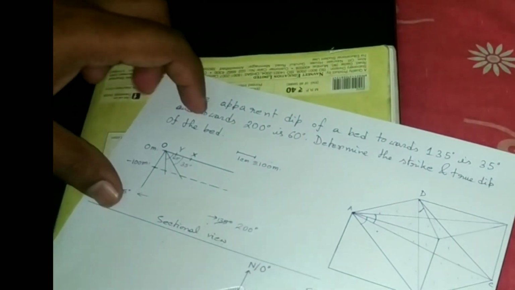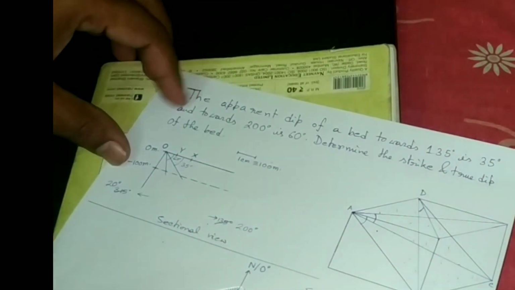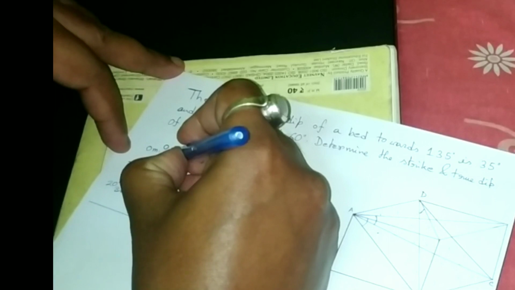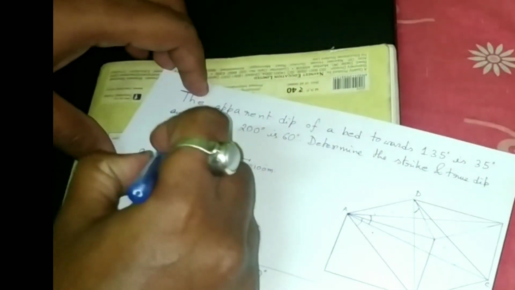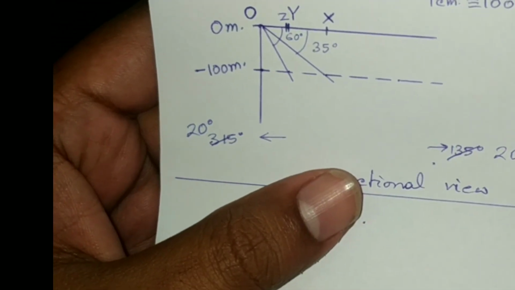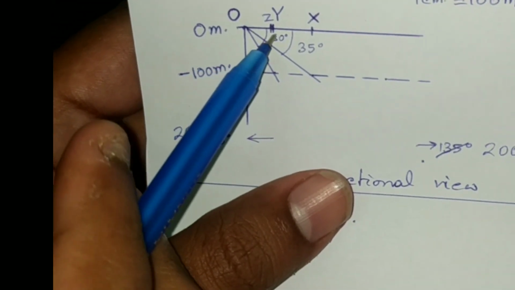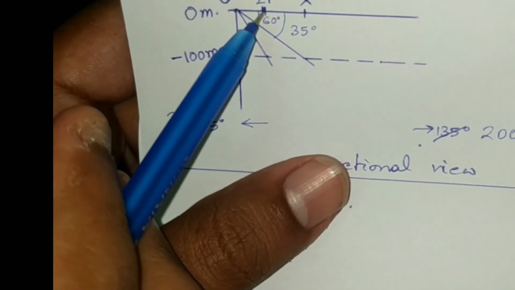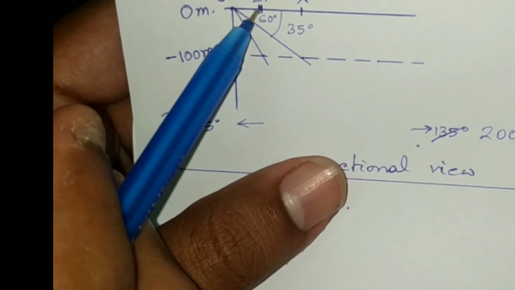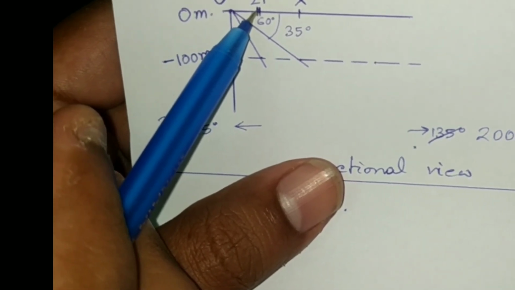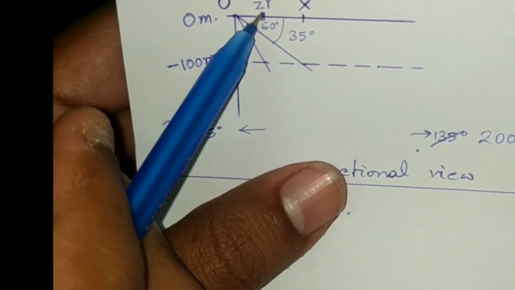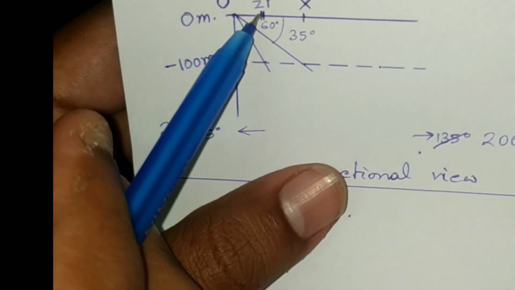Now the reverse, because we need to calculate the dip. So this is OZ, suppose. You can see this point was OY, and just a little bit, 1 millimeter, smaller strike spacing, because true dip is the maximum one, so the strike spacing will be the minimum.